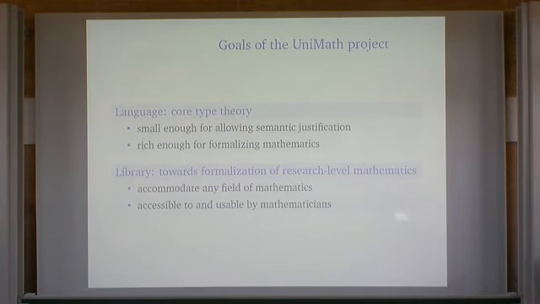And in terms of content and form, it should be accessible and usable by professional mathematicians. So, in particular, the fact that we are targeting, let's say, average mathematicians as an audience or as users for Unimath will motivate a few design decisions that I will talk about.